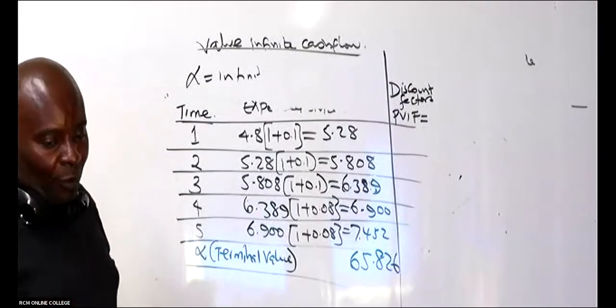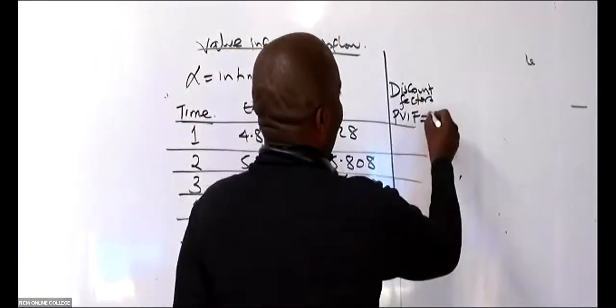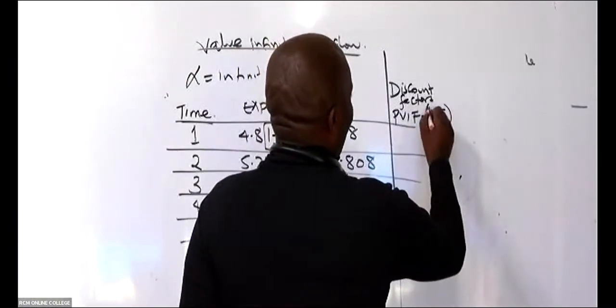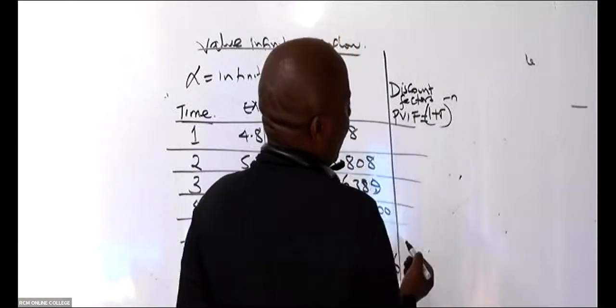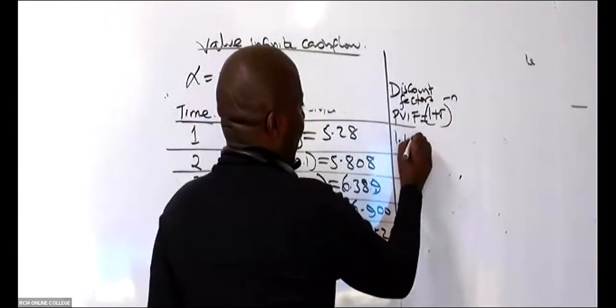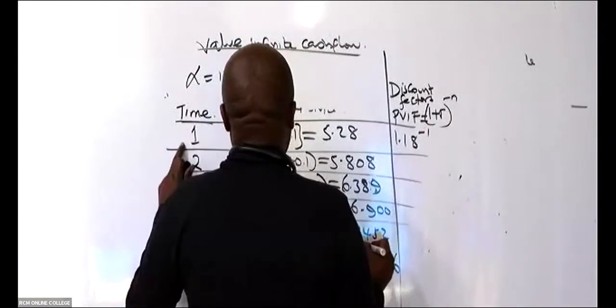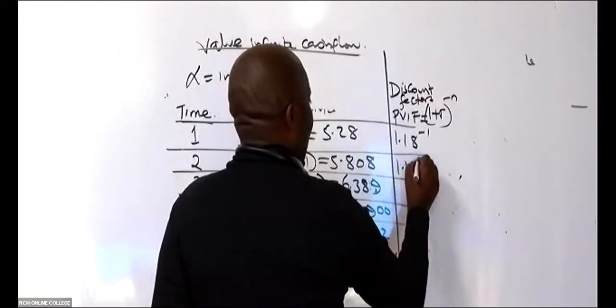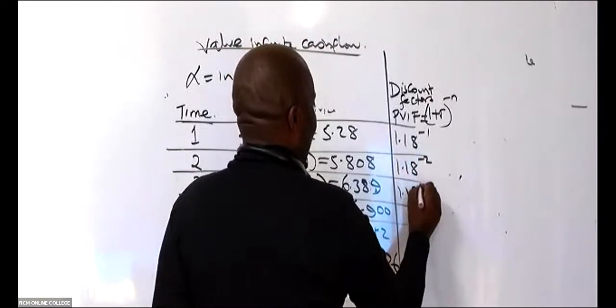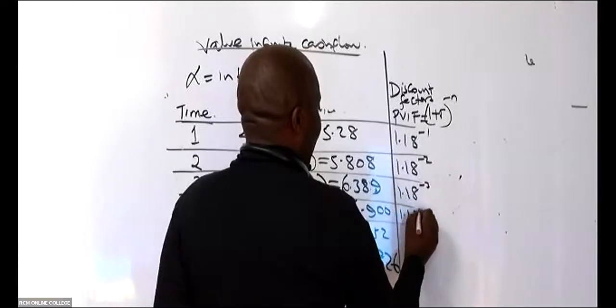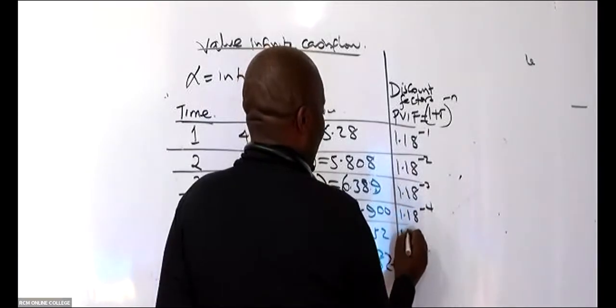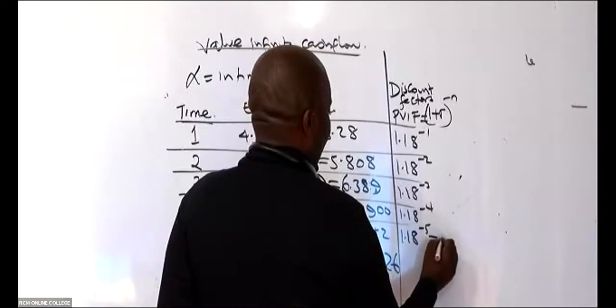Yeah, I know the formula. It is 1 plus R raised to negative N. So it will be 1.18 raised to negative 1, 1.18 raised to negative 2, 1.18 raised to negative 3, 1.18 raised to negative 4, 1.18 raised to negative 5.